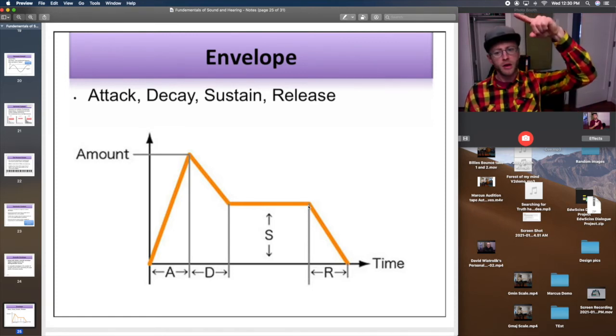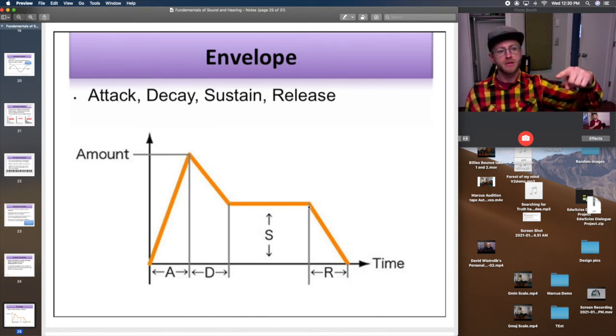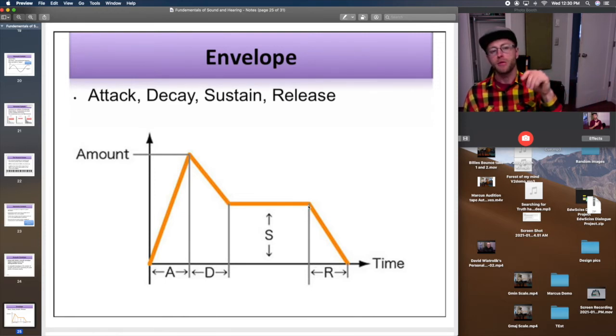It goes up quickly, it starts to decay real quick, and then it maybe sustains and rings for a little bit, and then eventually the note ends. You can touch the string and stop the note, and there will be a very quick release. Or the note might just slowly die, and that was a little bit longer of a release.